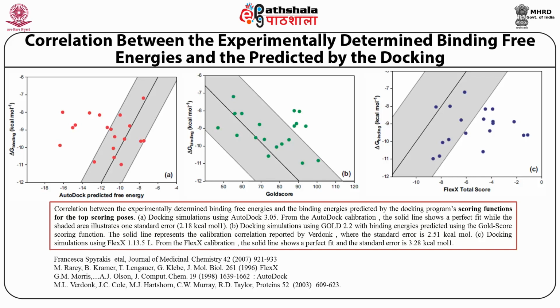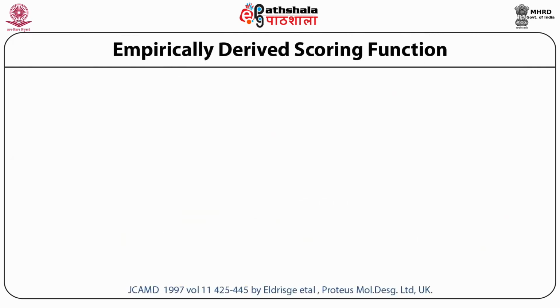Here it has been shown in 3 different case studies, or 3 different programs, how the scoring functions behave. How does one derive a scoring function? We can show you how to derive an empirically derived scoring function, which has been written about in this paper.